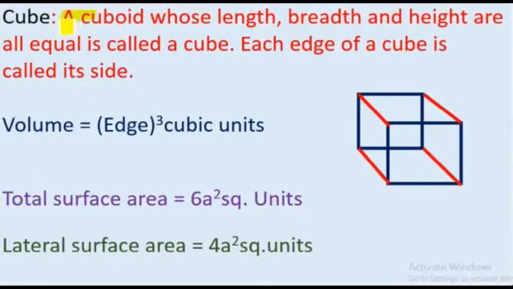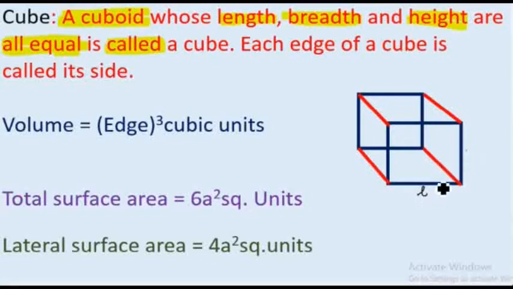Cube: a cuboid whose length, breadth and height are all equal, means length is equal, breadth is equal and height is equal, is called a cube. So here this length, this breadth and this height are equal.